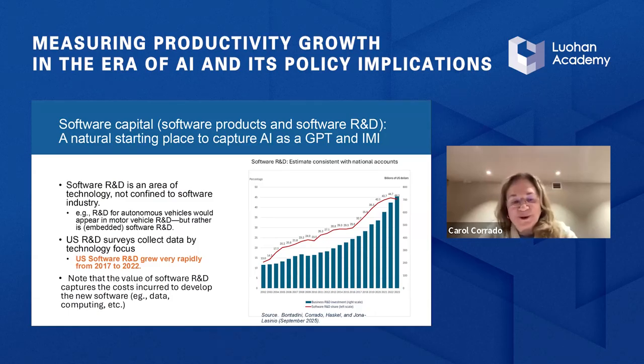But if you think about it further, this value is going to capture all the costs that are incurred to develop new AI software, like all the data processing and the computing and even the electricity costs that went into developing these new LLMs.